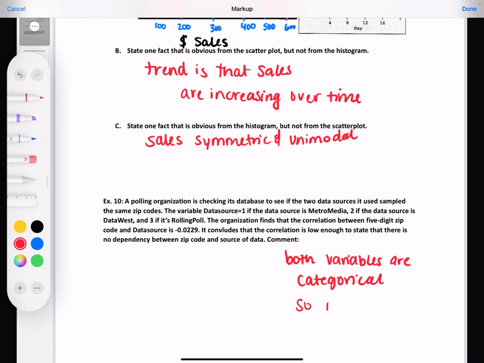So we cannot find a correlation, or draw a scatter plot. Realize that the zip code is categorical.